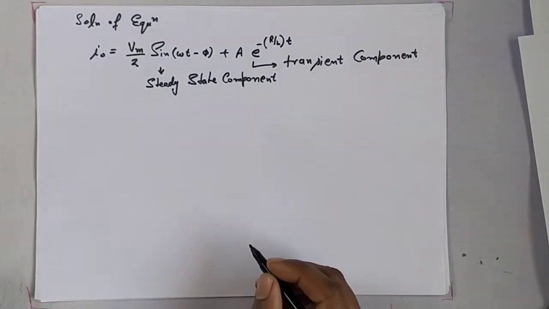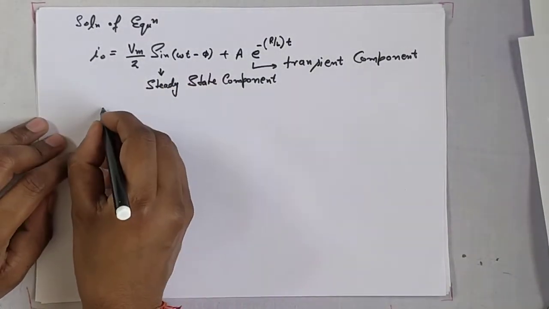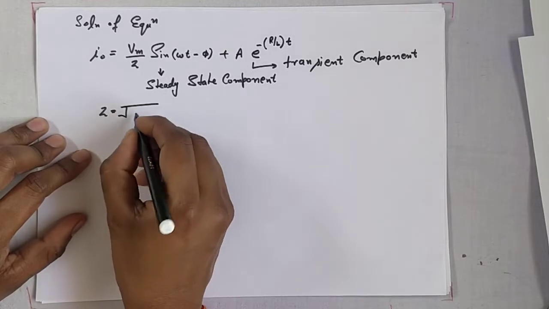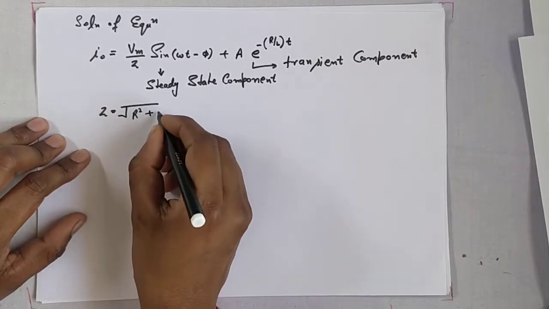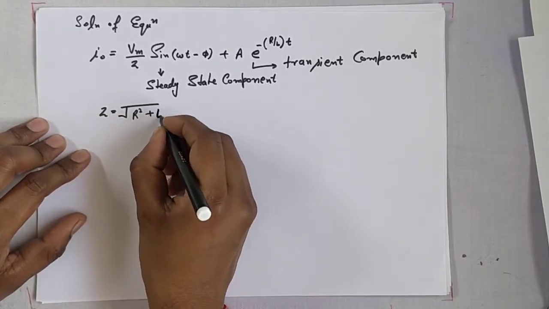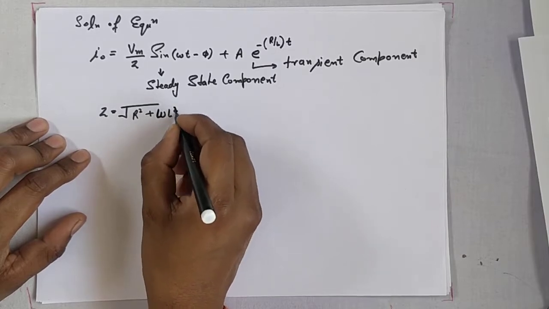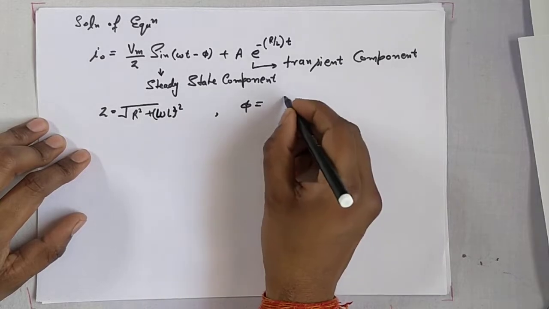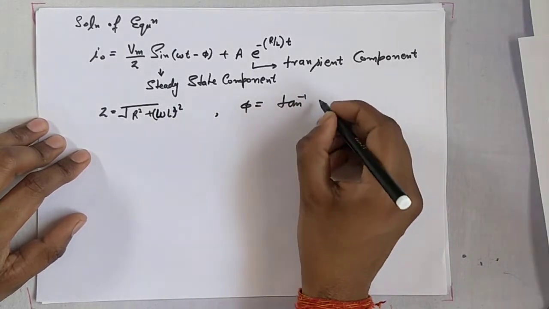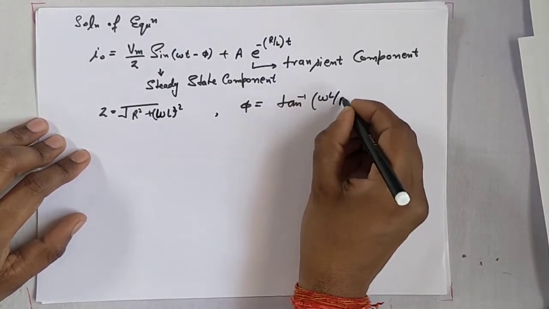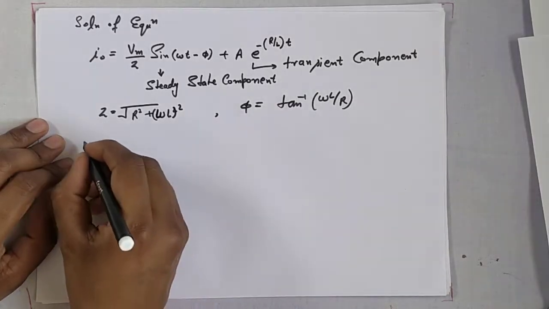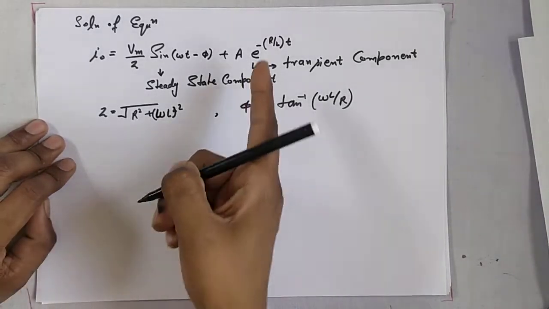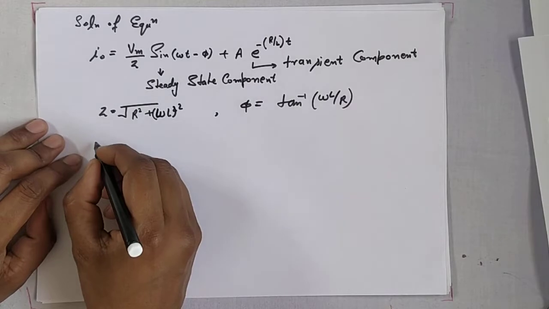Here Z is the root of R square plus omega L square, and phi is tan inverse omega L by R. Now find A.